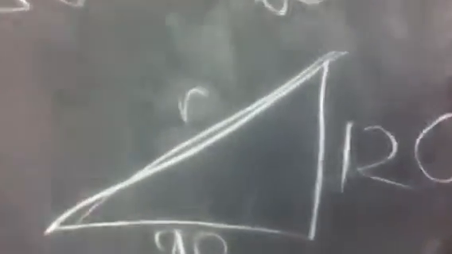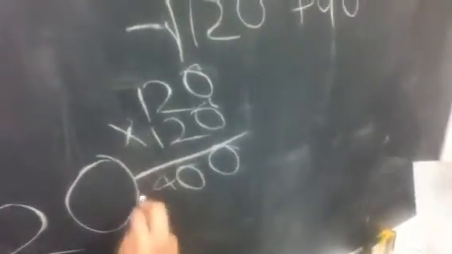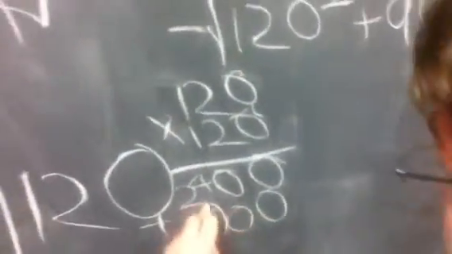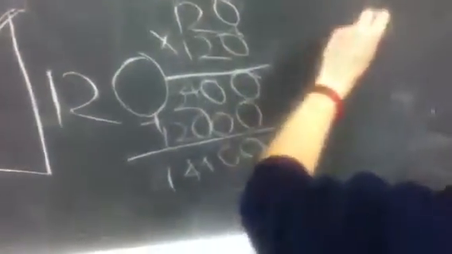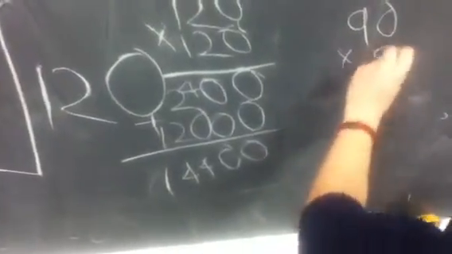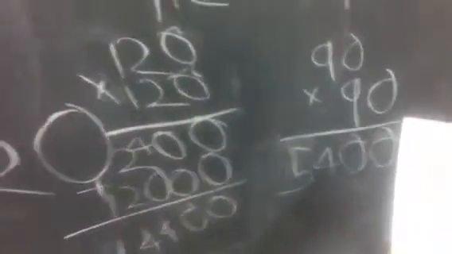So then you're taking the square root of 120 squared plus 90 squared to get at this distance. 120 squared is 14,400, and 90 squared equals 8,100.